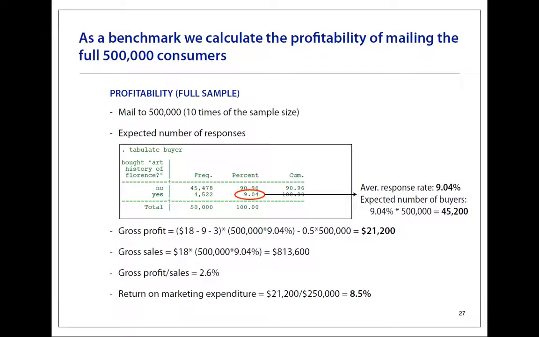So here I got the profit. Look at the bottom line, the last line. It gives us the return on marketing expenditure, which is basically the profit divided by the overall marketing expenditure, which is $0.50 times 500,000 mails. So here the return on marketing expenditure is 8.5%.